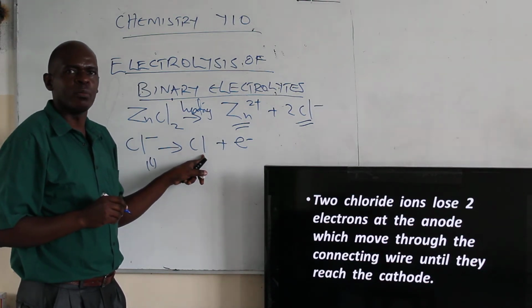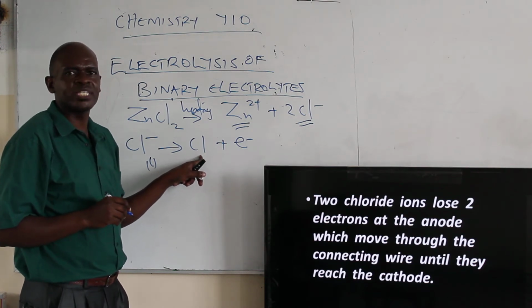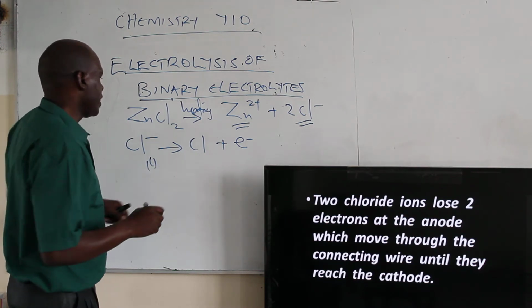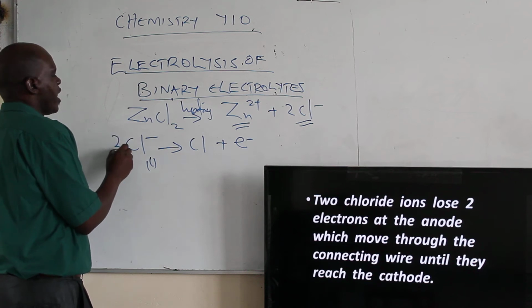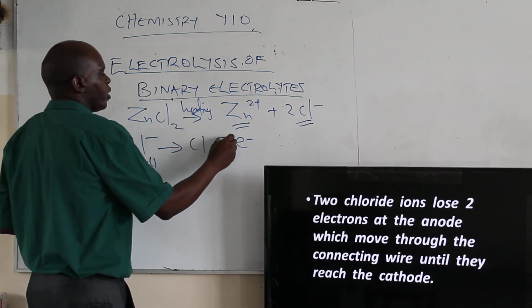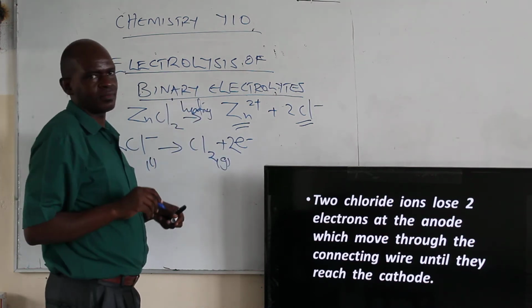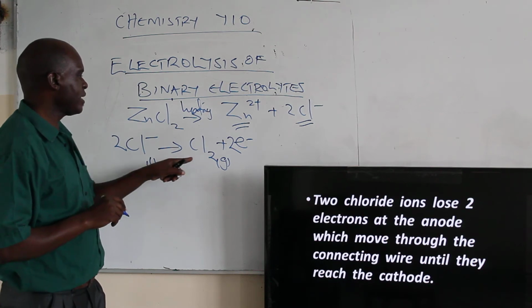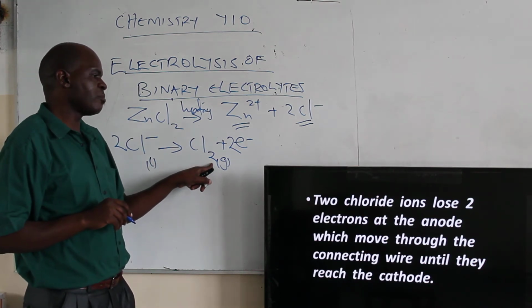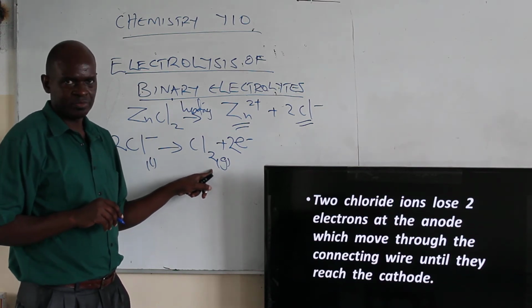They join up to form molecules. Molecules are more stable, but the atoms are quite unstable. So it means that we shall have two atoms of chlorine losing two electrons to form a molecule of chlorine gas. So there will be chlorine gas that will be formed at the anode.